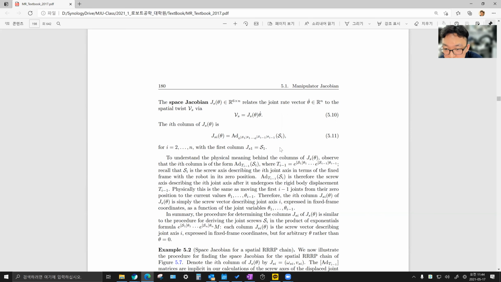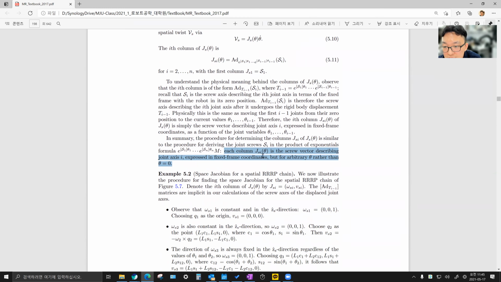So the meaning of J_si: each column J_si of theta is a screw vector describing joint axis i expressed in the fixed coordinates, but for arbitrary theta rather than theta equal to 0.